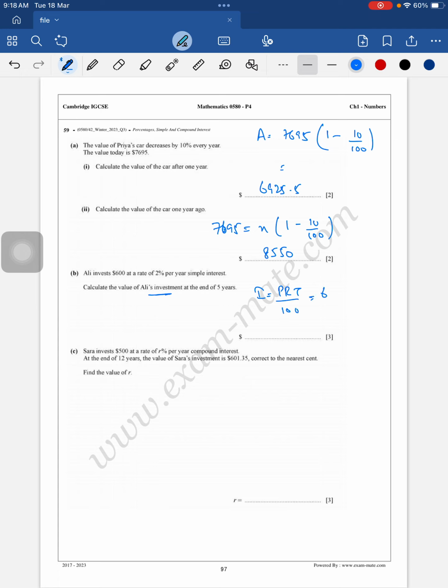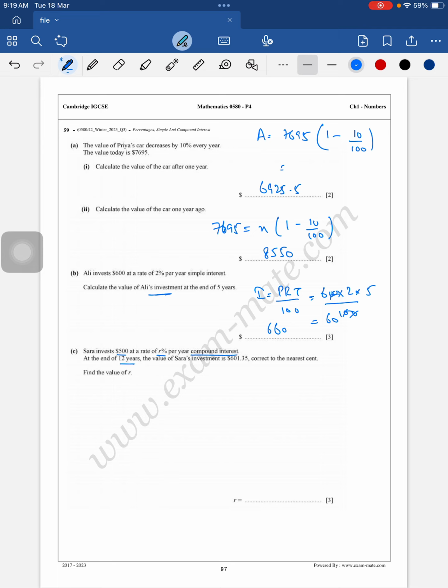So principal is 600 multiplied by rate is 2 multiplied by 5 upon 100. So 0 0 cancels, 6 2 is 12, 12 5 is 60. 60 plus 600 is 660. $660.